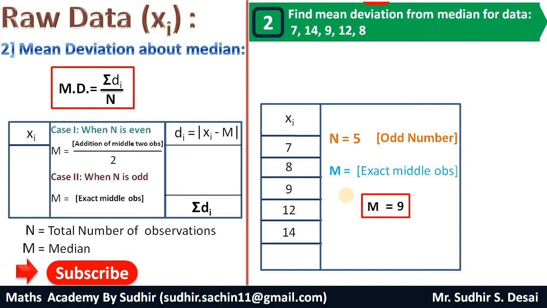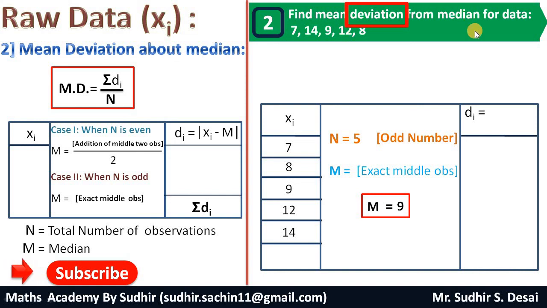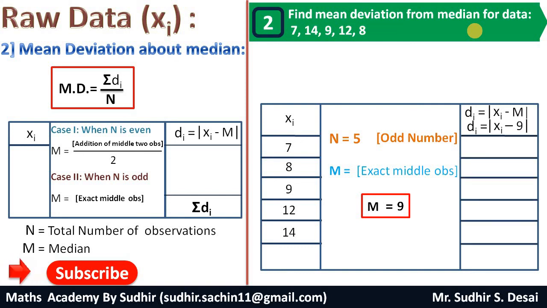So now the next step is to find deviation, which is denoted by the letter di, and this deviation is calculated from median. So we have to subtract m from each xi. So di is equal to modulus xi minus m, where m is 9. So first xi is 7, subtract it from 9. So 7 minus 9 is minus 2, and because of the absolute sign it will become 2.